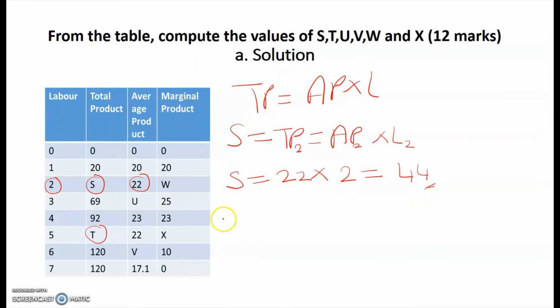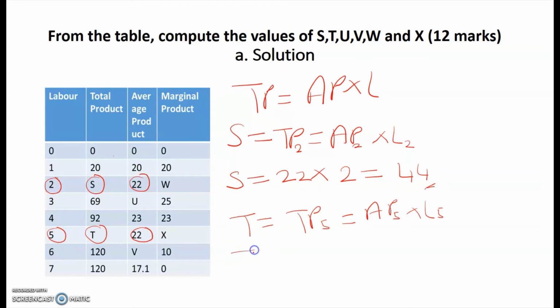Then in solving for T, T will be equal to the total product for the fifth unit, which is average product for the fifth unit times labor for the fifth unit. Now the average product for the fifth unit is 22, and that of labor is 5.